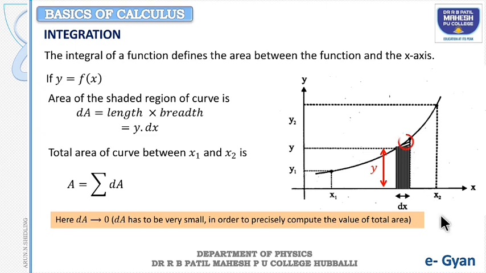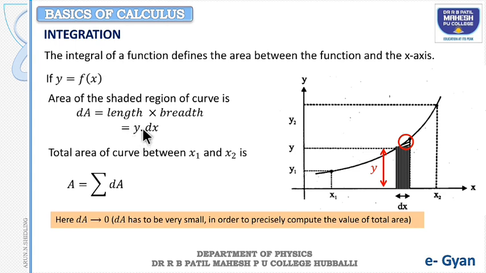So what shall we do so that we do not lose such small pieces of area? I have to make dA very small, that means I need to make this rectangle with a very small area.